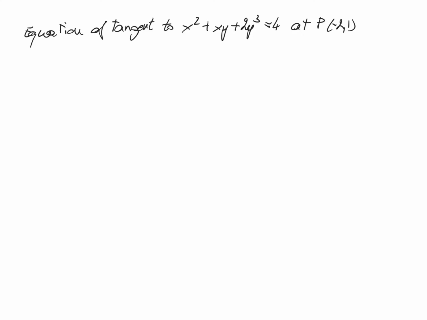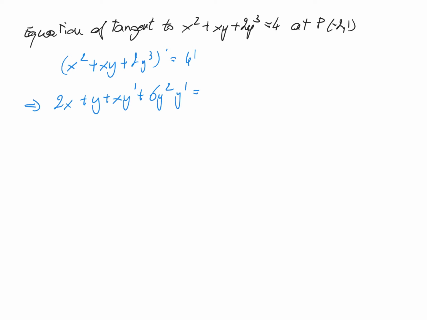So what we will do is we will apply implicit differentiation. So we derive the left hand side again, and we derive the right hand side. Left hand side 2x plus y plus x times y prime plus 6y squared times y prime is equal to the derivative of the right hand side, 0.